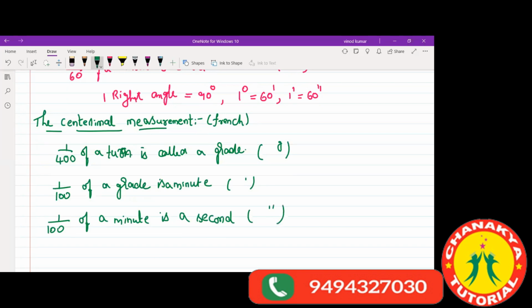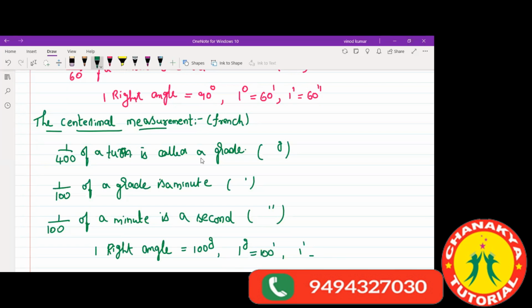Here one right angle is 100 grades, and one grade equals 100 minutes, and 1 minute equals 100 seconds.